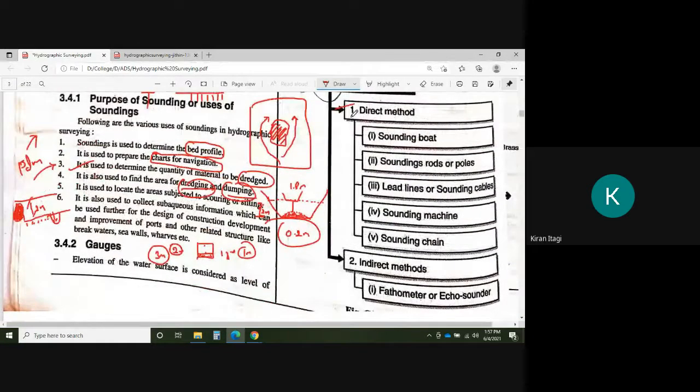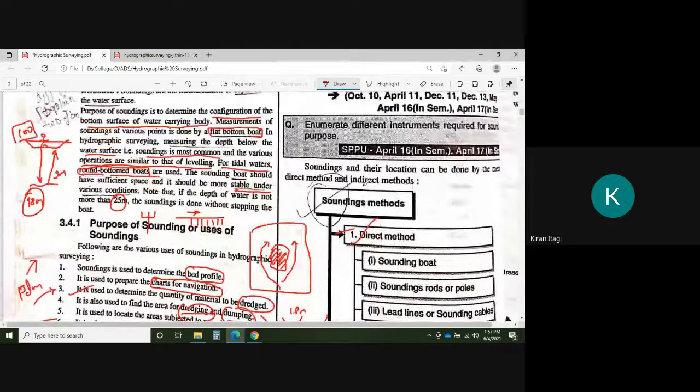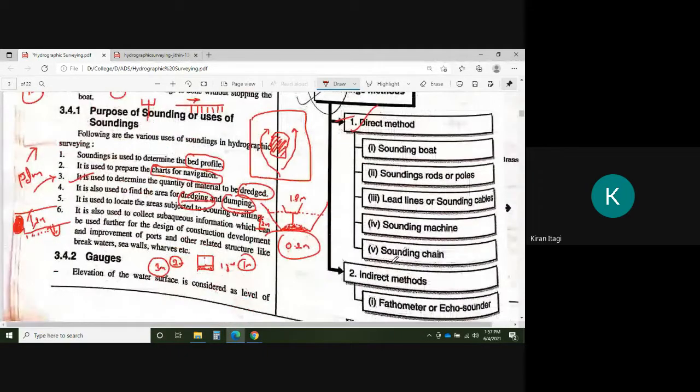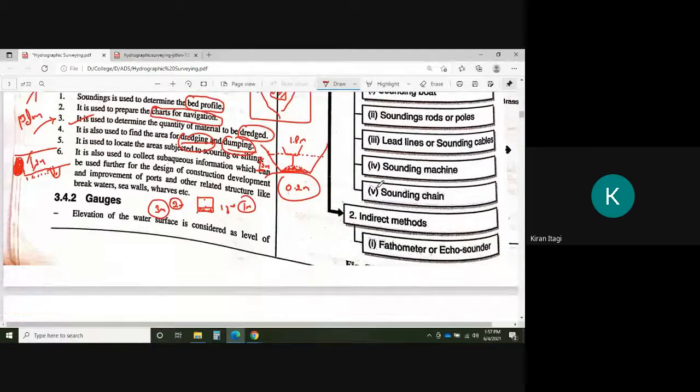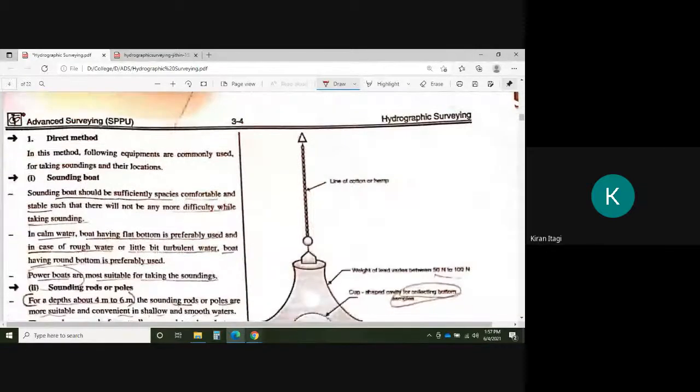Sounding methods can be divided into two methods, direct method and indirect method. All are very important, so we will see one by one, sounding board, sounding rods, and poles with figures.